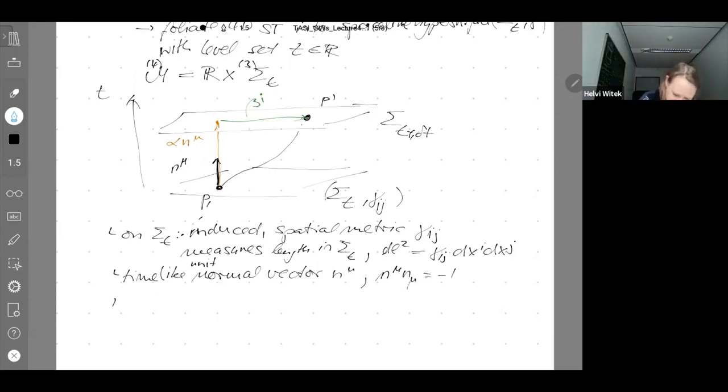And then we just introduced the lapse function alpha, which measures the proper time between hypersurfaces as measured by an observer that moves along the normal. Let me just abbreviate this like so.